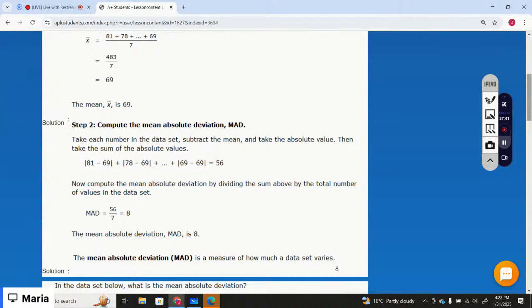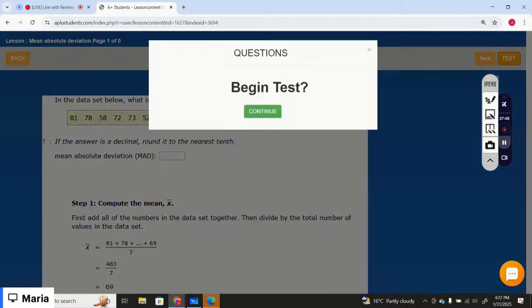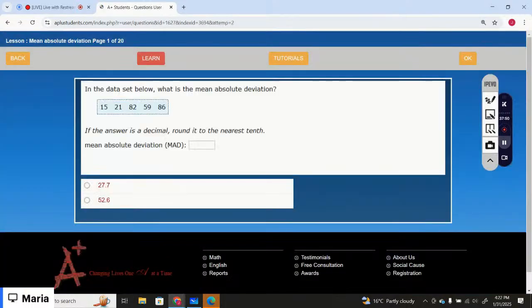Let's just start with the test questions. In the data set below, what is the mean absolute deviation? So for the mean absolute deviation, you need to calculate the mean first.